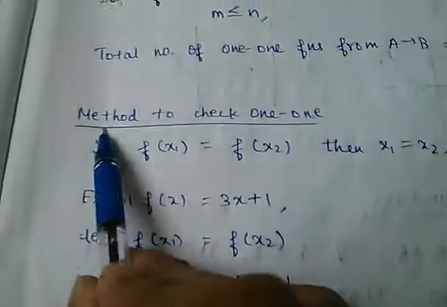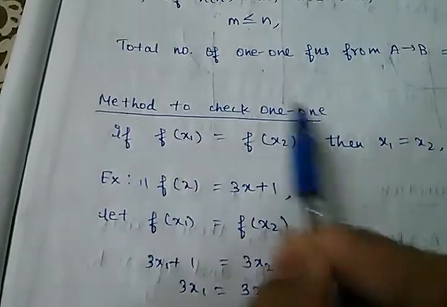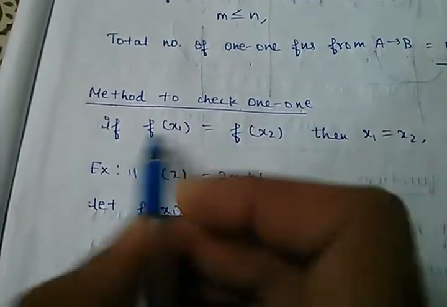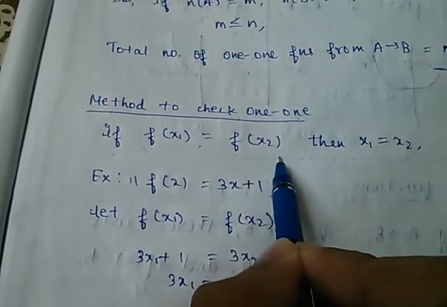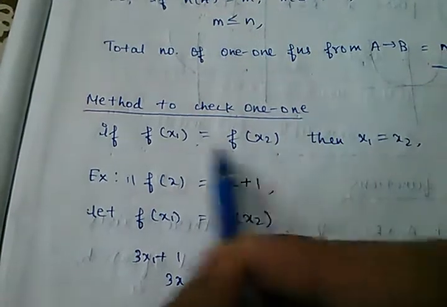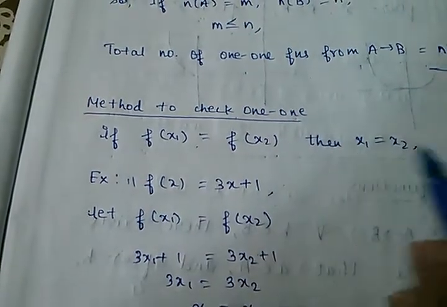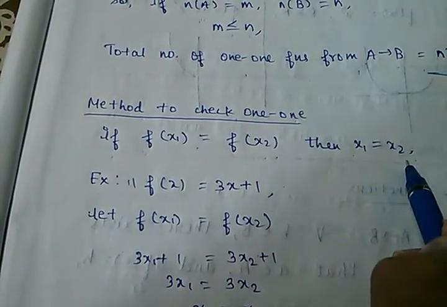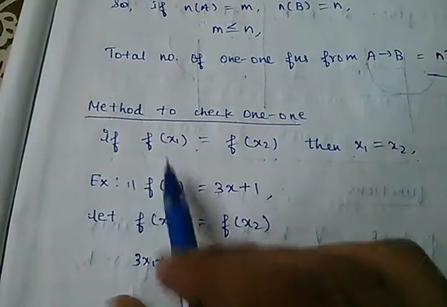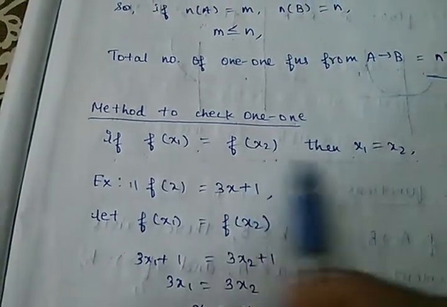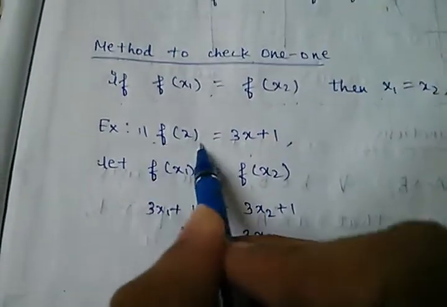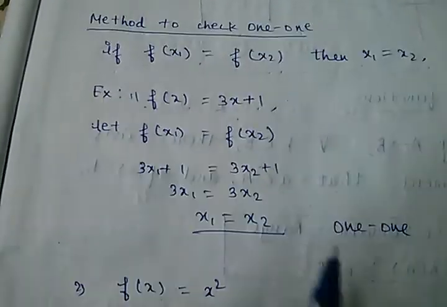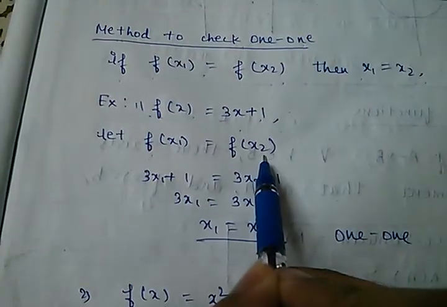Now, the method to check whether a function is one-one is to assume that f of x1 is equal to f of x2. And if we proceed, if we get that x1 is equal to x2, then it satisfies the condition, so we can say that the function is one-one. Example, if we have a function f of x equal to 3x plus 1, let's take f of x1 equal to f of x2.